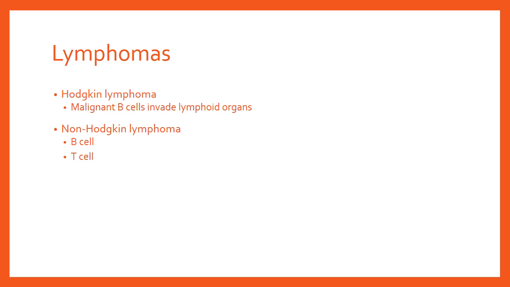This is a disease of young people. The incidence increases in the 20s, then declines until the 50s. After the 50s, the incidence of Hodgkin's lymphoma increases again, and men are more susceptible.